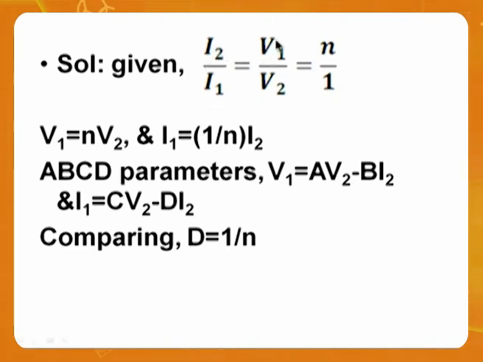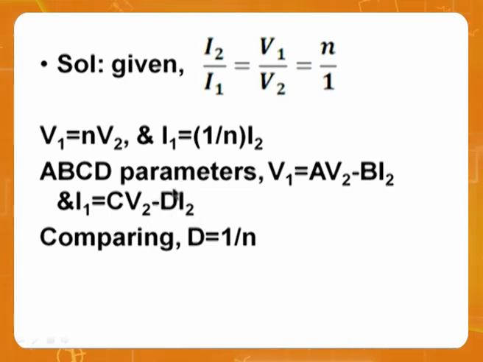I2 by I1, V1 by I2, N2 by N1. So if you do this, you can write these equations, adjust this: V1 is equal to N into V2, I1 is equal to 1 by N into I2. And as you know the equations, V1 = AV2 minus BI2, I1 = CV2 minus DI2.